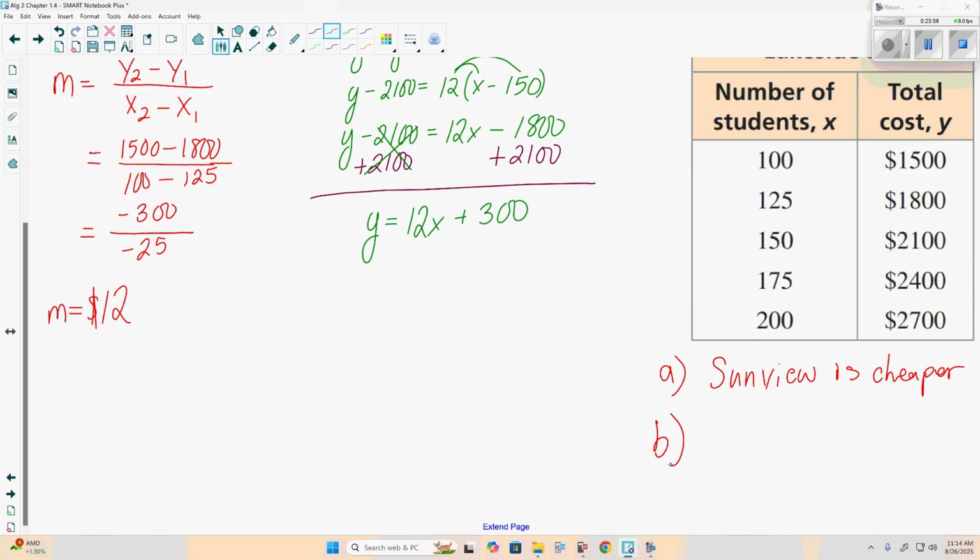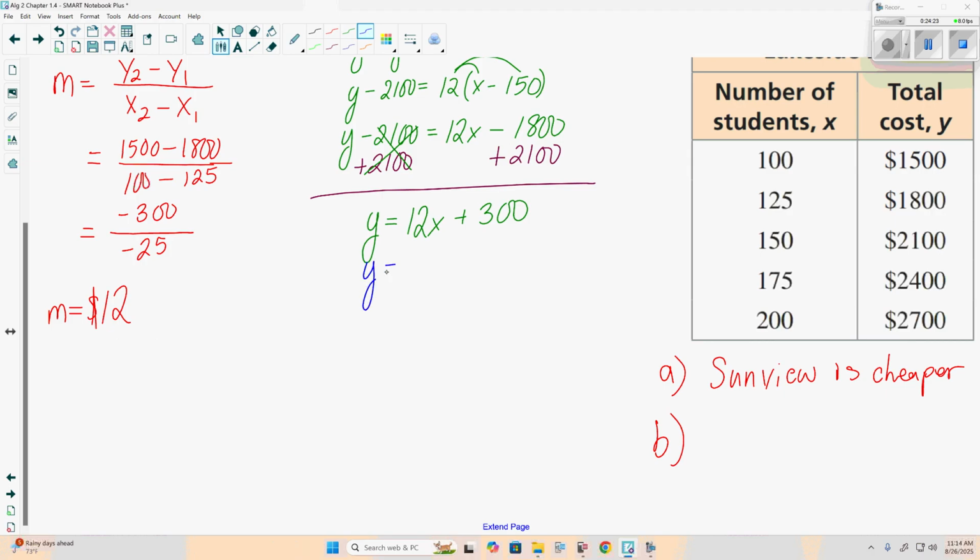It's the y, isn't it? Because the y value tells us the total cost of how many students it would take to go to Lakeside, yes? Same thing for the other equation, Sunview. Y is representing the total cost. And we're wanting to know when the cost is going to be the same, when the y values are equal, yes?